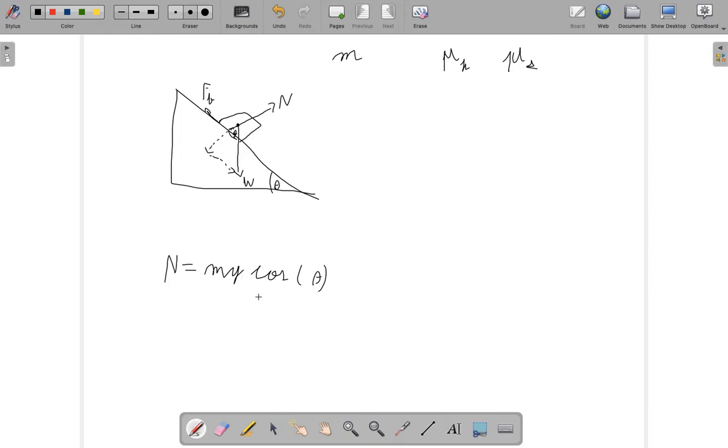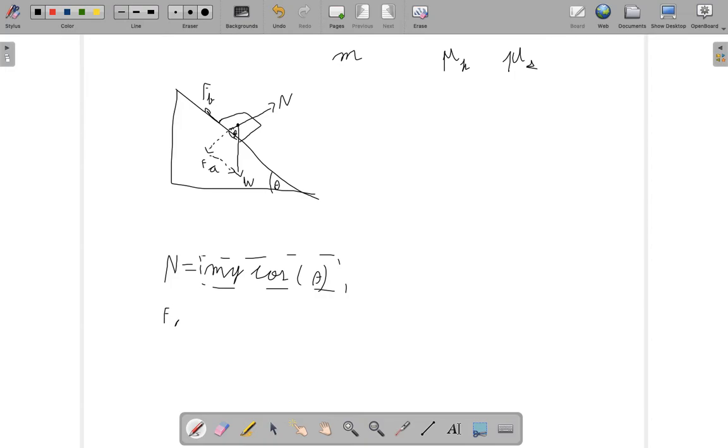Note, the normal is not just mg, so you have to make sure to use mg cosine theta every single time. Okay. Now we have a component that's acting down the ramp, which I'm just going to call FA.